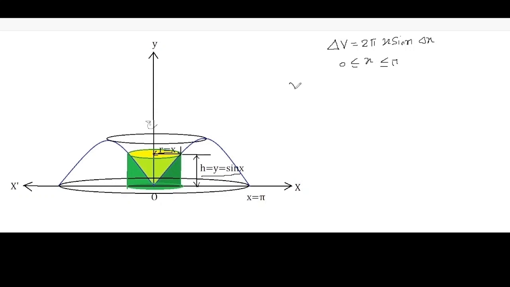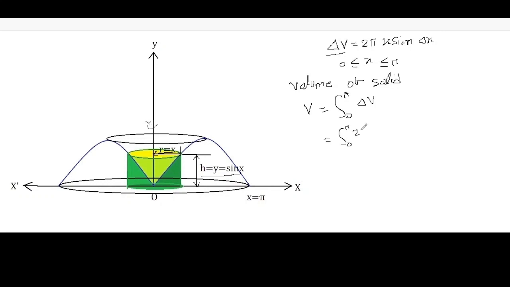Now to find the volume of the solid, we need to integrate the volume of the cylinder from 0 to pi. The volume of the solid V is equal to the integration from 0 to pi of delta V. We have to replace the delta V, and of course like before we have to replace this delta x by dx.